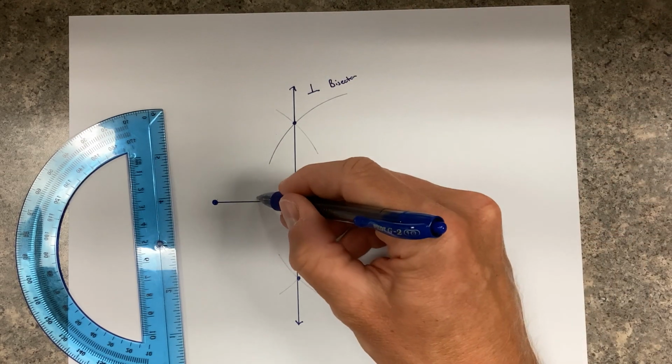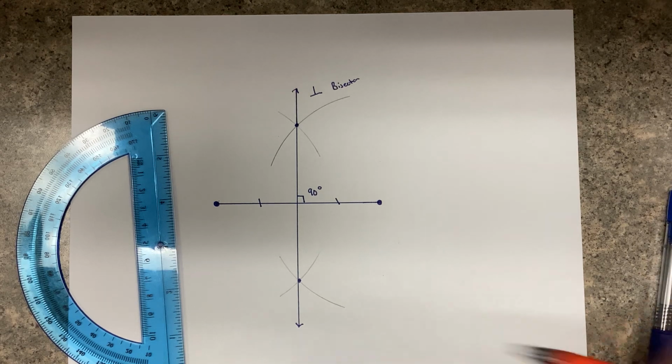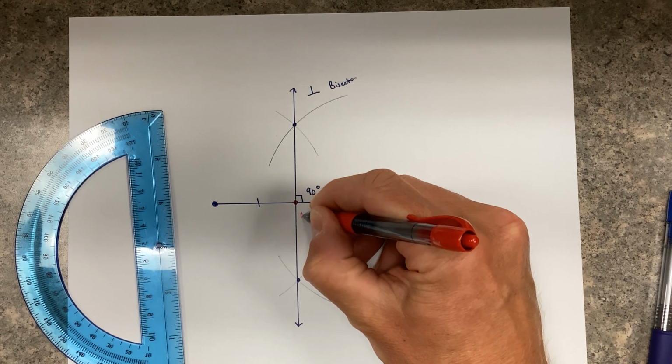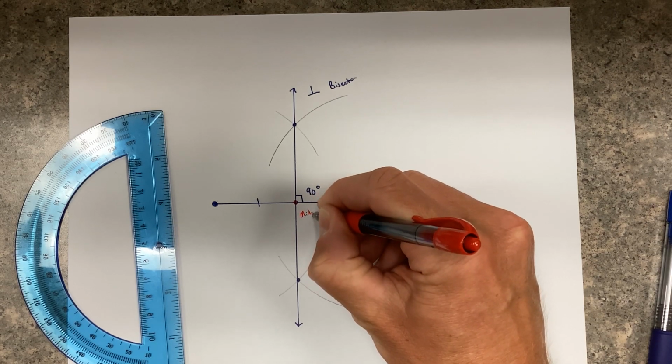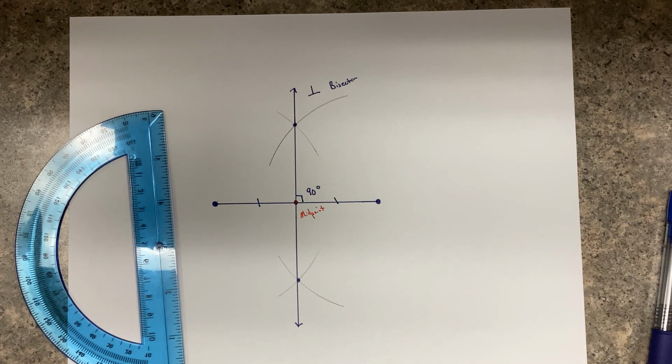And that means that this length and that length are the same, which also means that this is the midpoint. The midpoint of a segment is exactly in the middle, okay?